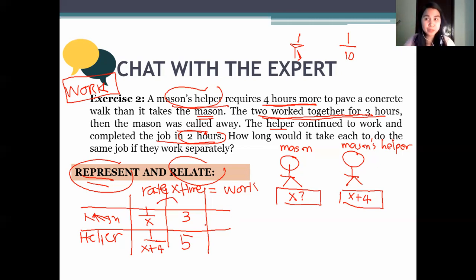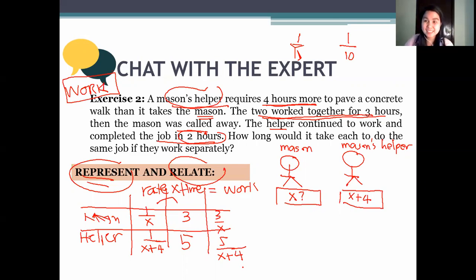Numerator by numerator, denominator by denominator. So you have 3 times 1, 3 over X. The other is 5 over X plus 4. Any questions? I'm still in the first step.